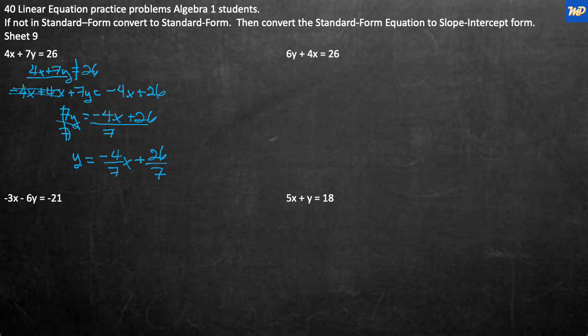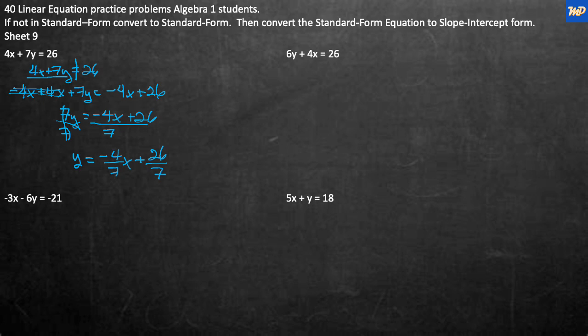If you're going to divide this any further, you would divide the 7 into 26. So we're going to have 3 times, and then you're going to have 6. You're going to have, what, 5/7 remaining?